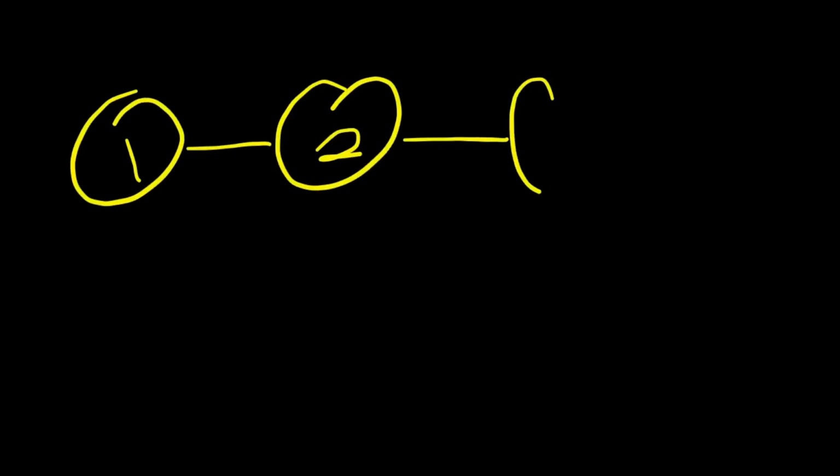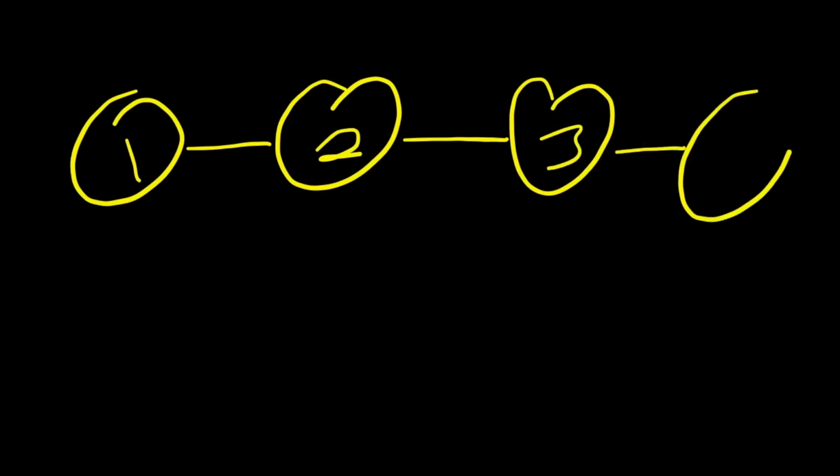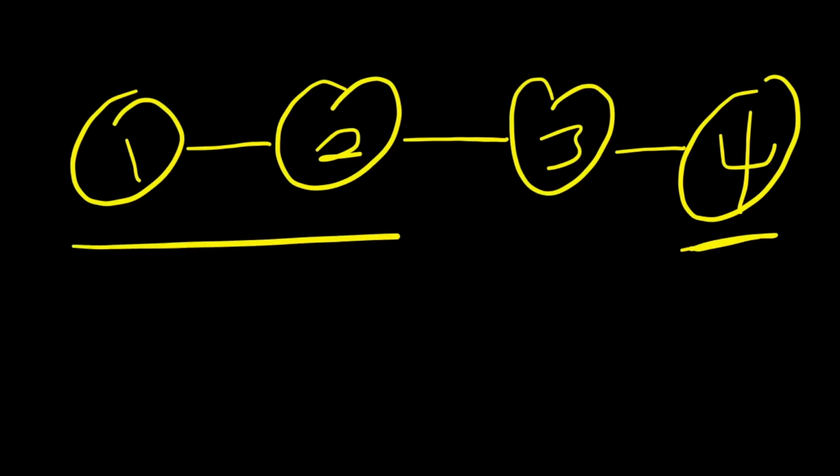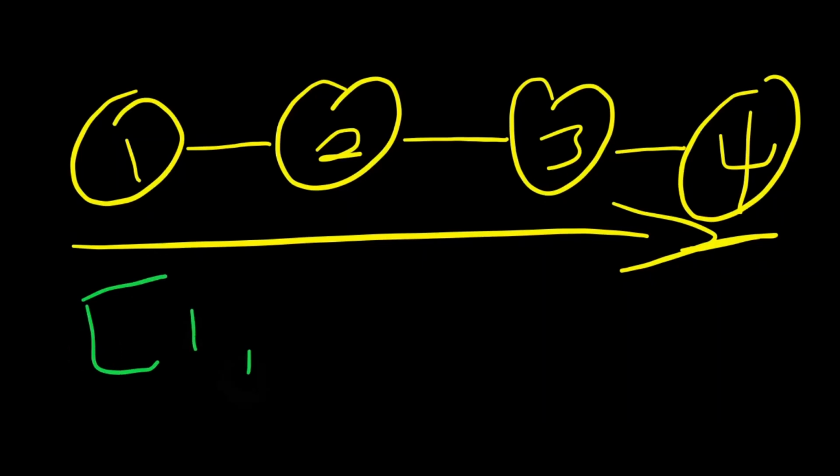Now recall that a linked list is not an array. A linked list is basically a list, and we have to traverse the entire thing to get the element at the last index. So the best way to solve this problem efficiently is to traverse the linked list and store the values in an array.